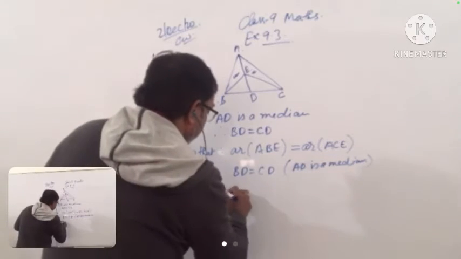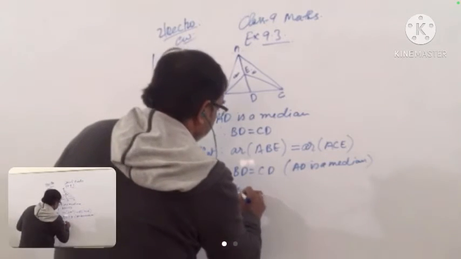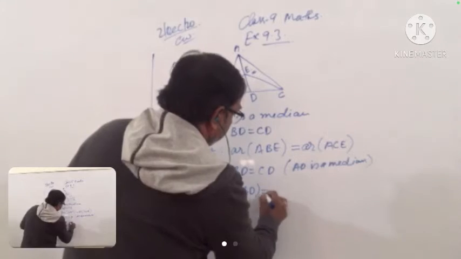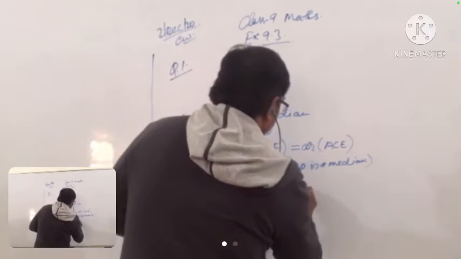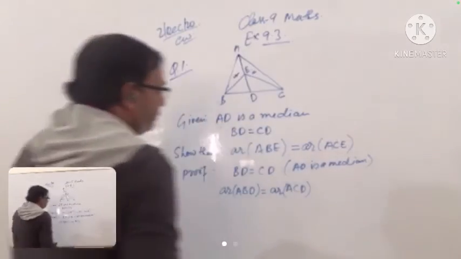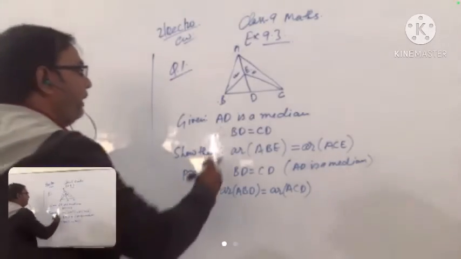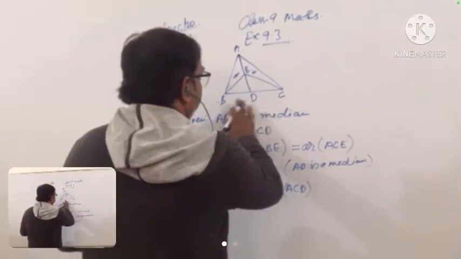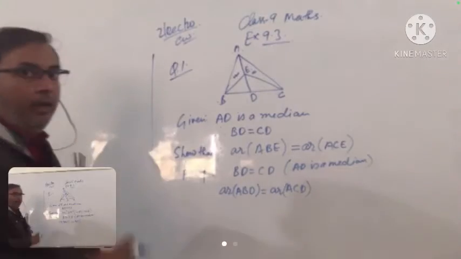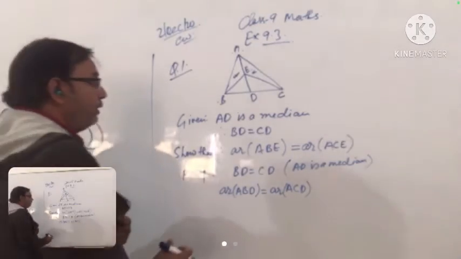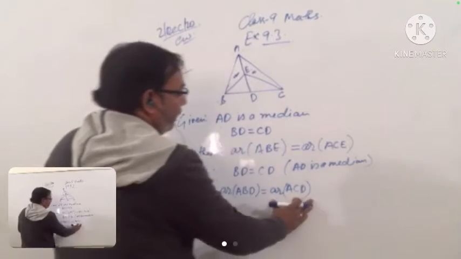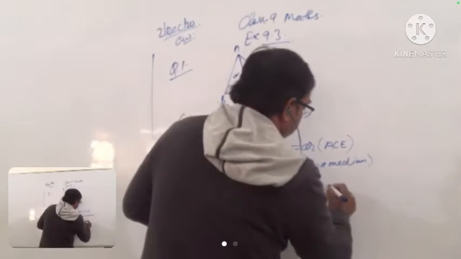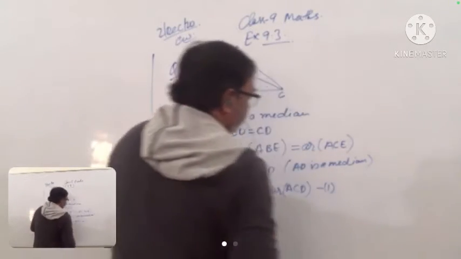Now, area of ABD is equal to area of ACD. We know that median divides the triangle in two equal halves. So that is why area of ABD is equal to area of this. This is the first.